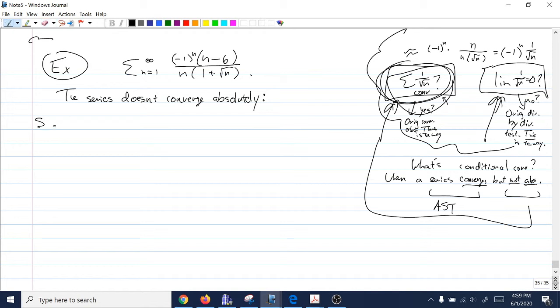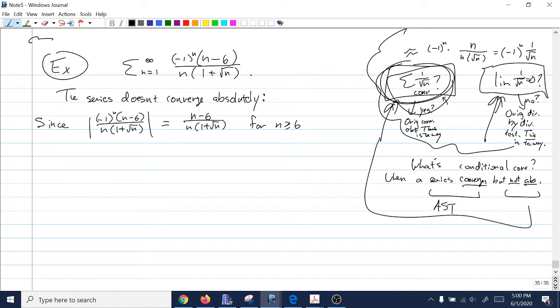Since the absolute value of (-1)^n times (n minus 6) over n times (1 plus root n) equals (n minus 6) over n times (1 plus root n). I want to say this is true eventually. To convince someone that it's true eventually, it's more convincing if I tell them exactly when it is true. This is true for n greater than or equal to 6. That's when the top stops being negative.